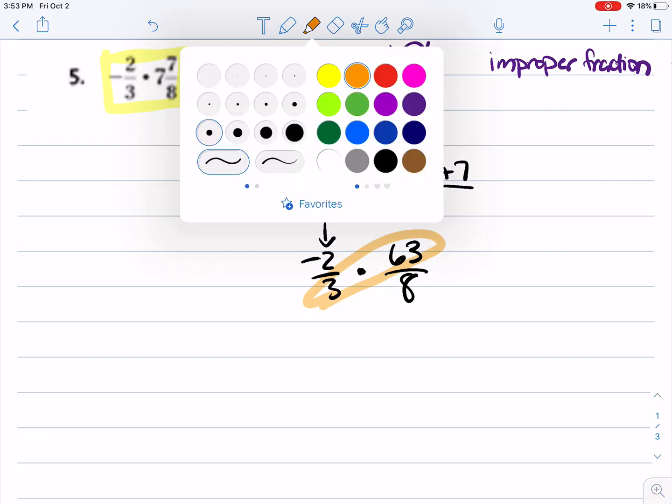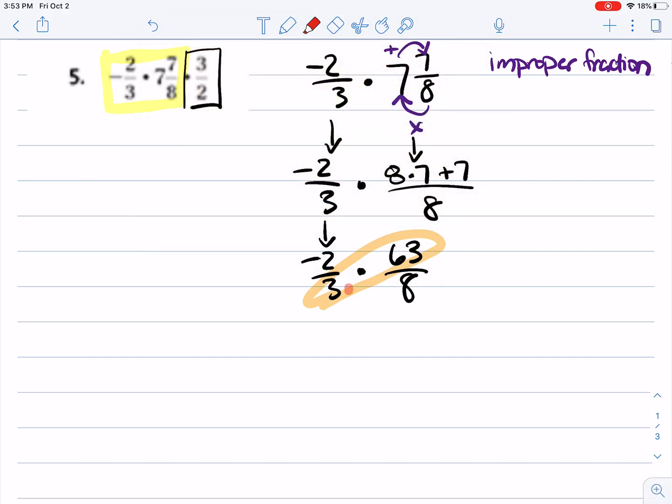And in this case, I can see that if I divided this by 3, this would turn into 1, which is a nice small number. And if I divide this one by 3, that would turn the 63 into 21, which is also a nice small number.